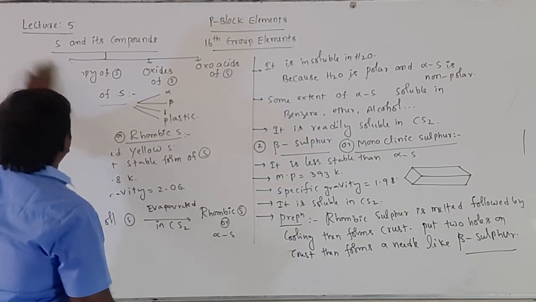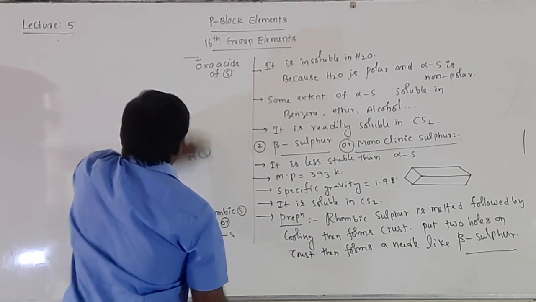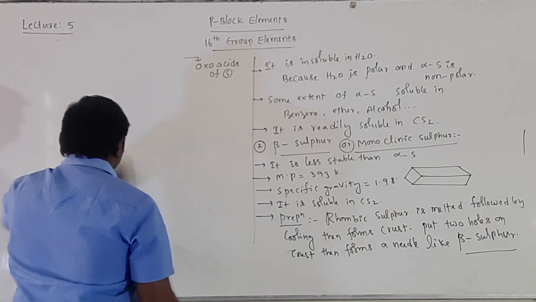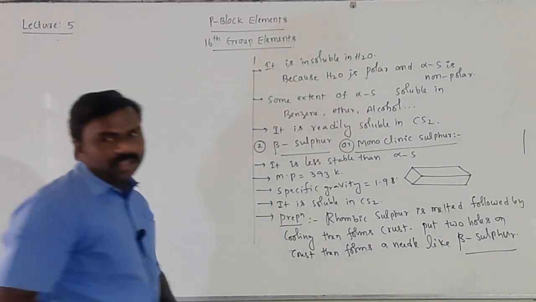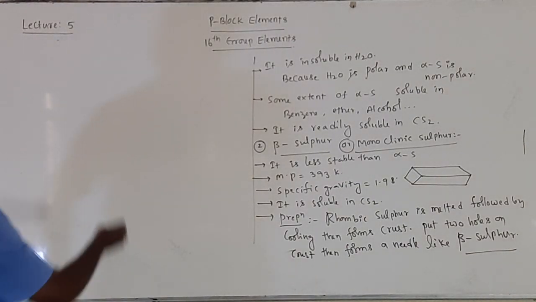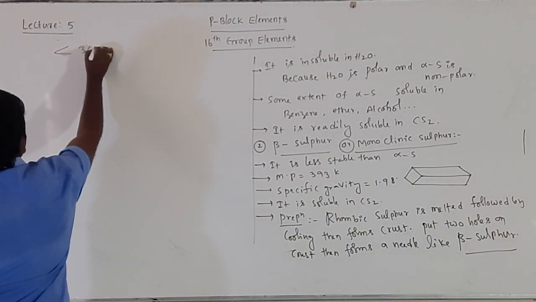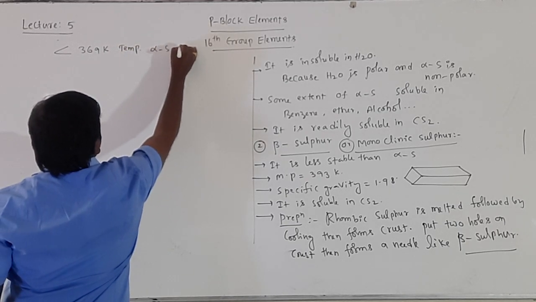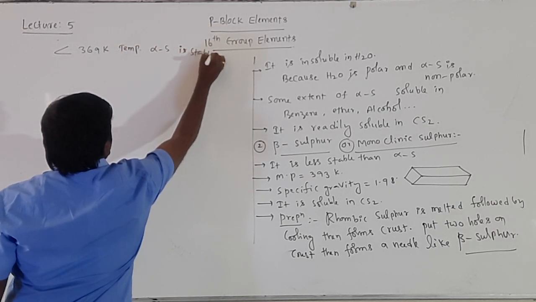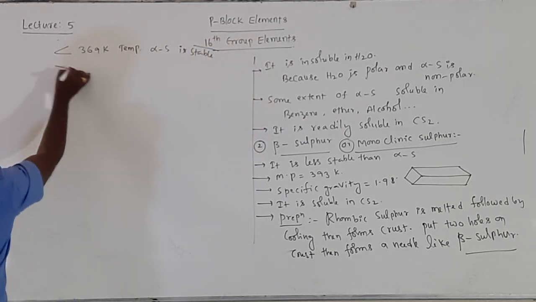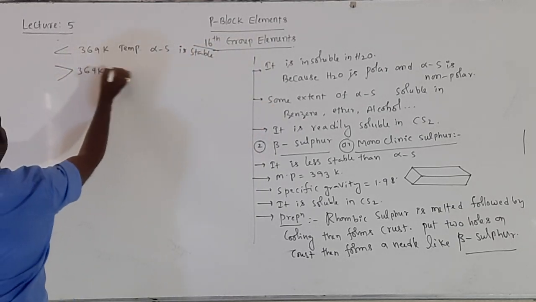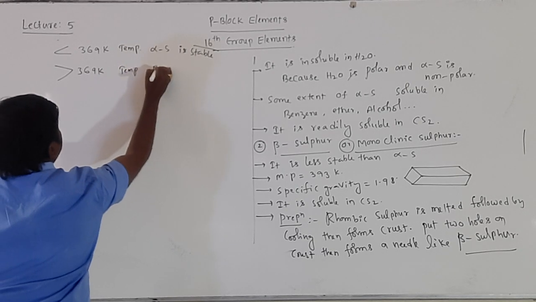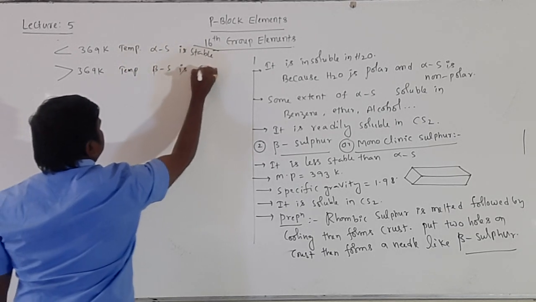Now, the important point is: below 369 Kelvin temperature, alpha sulfur is more stable. Above 369 Kelvin temperature, beta sulfur is more stable.